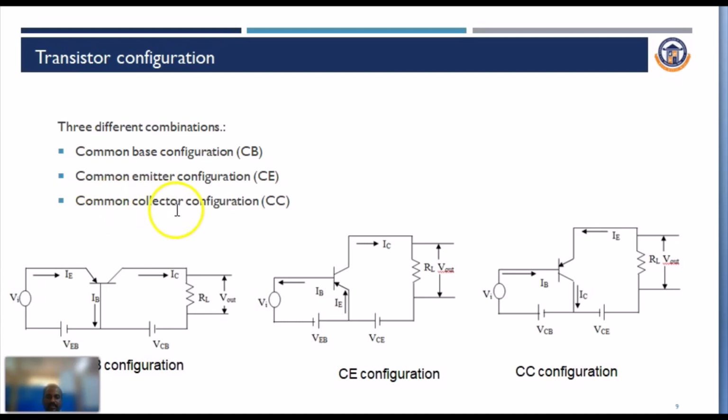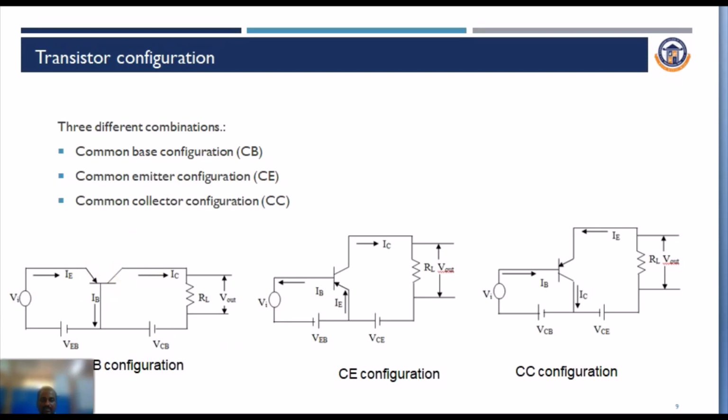The next one is the common collector configuration. In this configuration, the base acts as an input and the emitter acts as an output. Now we discuss the circuit configurations in detail. The first one is the CB configuration. In the CB configuration, the base terminal is common for both input as well as output.